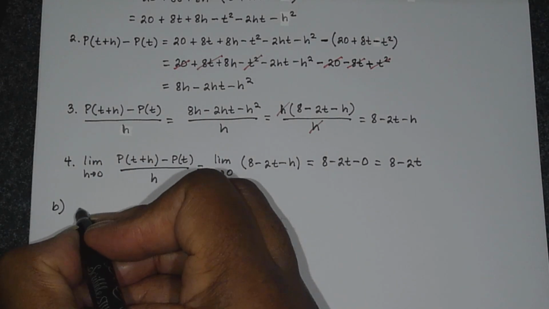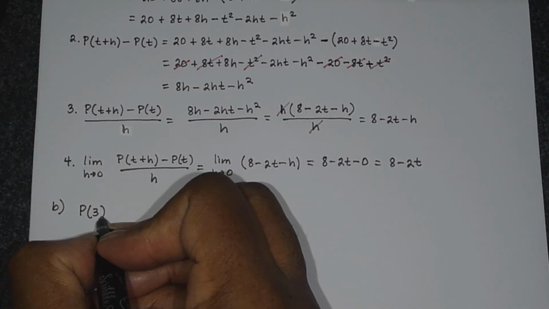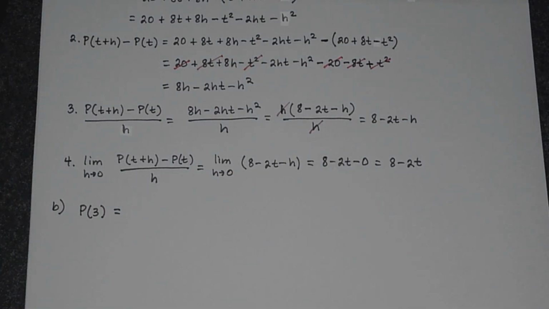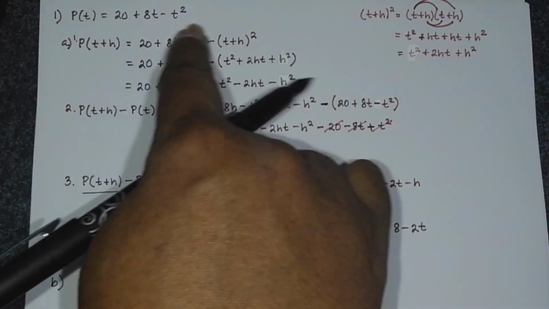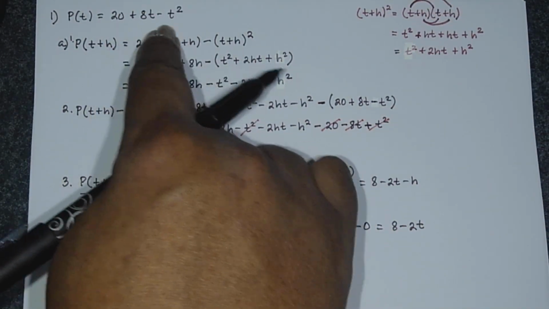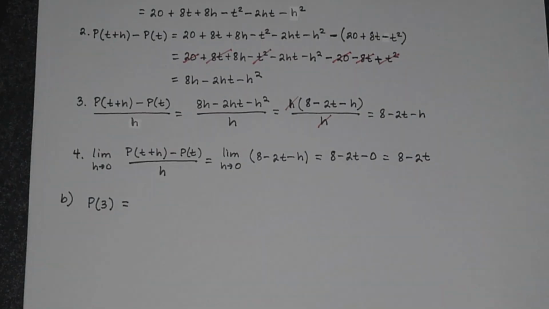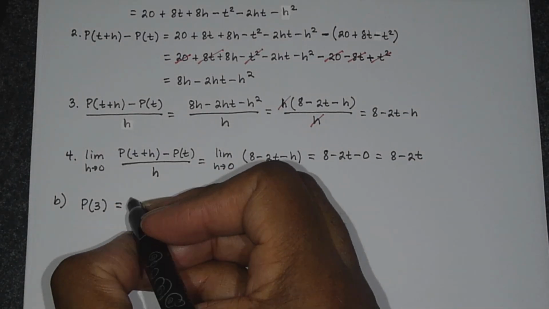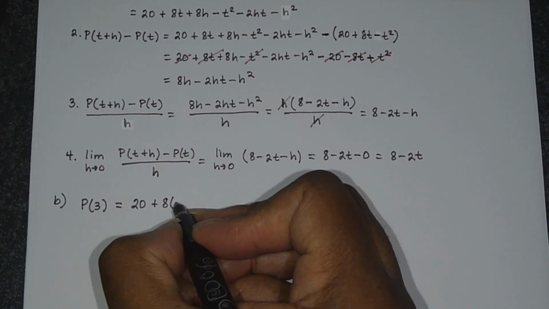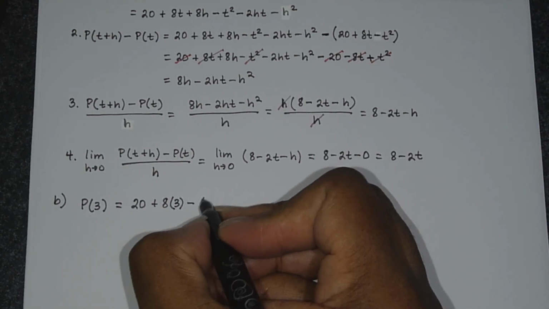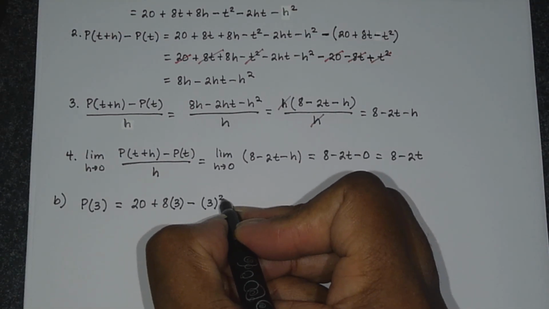So in part B, P of 3. That means T is equal to 3, so that means we take that original function that we have, P of T, substitute every T with 3, and simplify. So for P of 3, this is going to be 20 plus 8 times 3, minus 3, and that's squared.